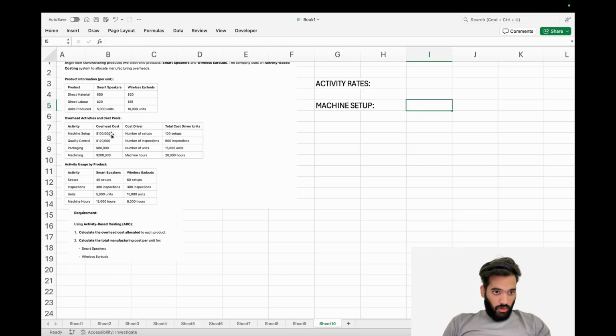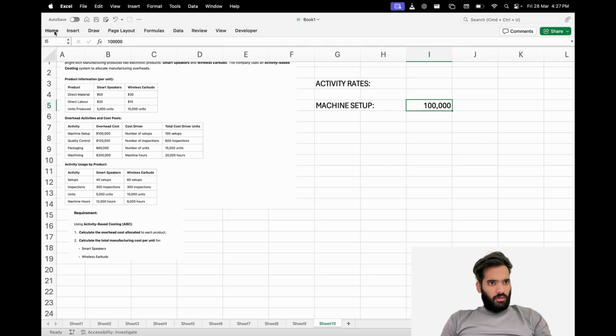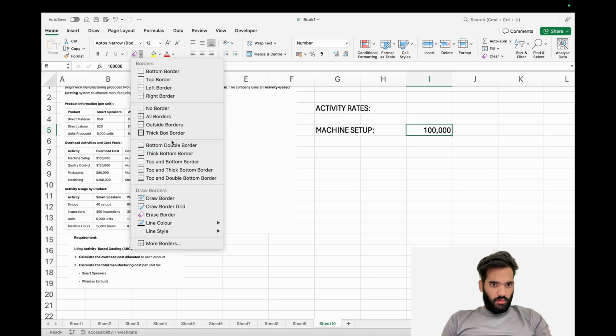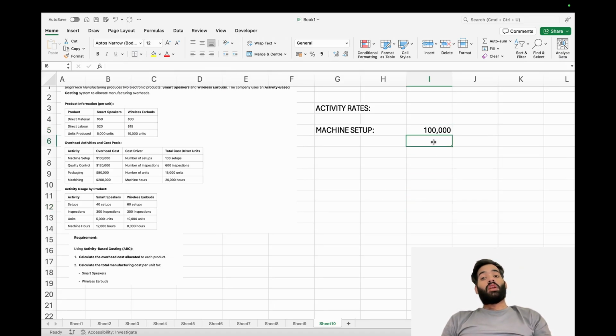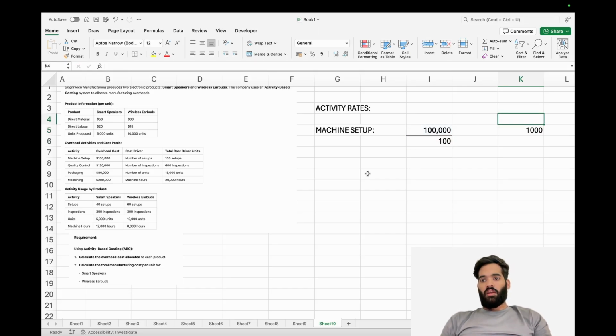So what is the total cost of machine setup? $100,000 divided by the total cost driver of this activity. In this case, the cost driver is number of setups, and it is 100 setups in total that this activity used.